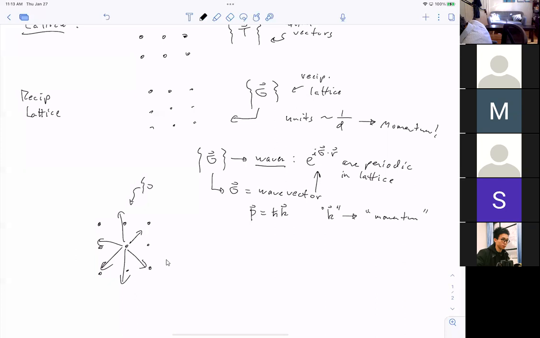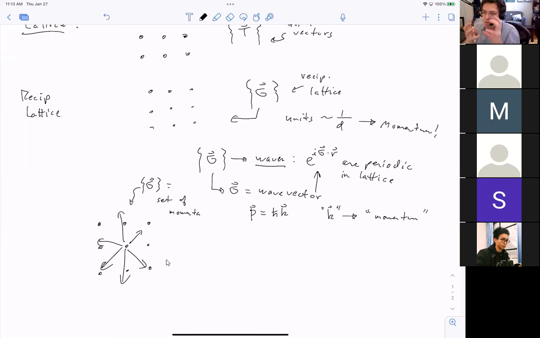So G equals a set of momenta that is fixed in the lattice. If I rotate the lattice, then I rotate those arrows; they're fixed in the lattice. So every lattice is like two lattices: the real space lattice and this momentum lattice, and that's the reciprocal lattice.